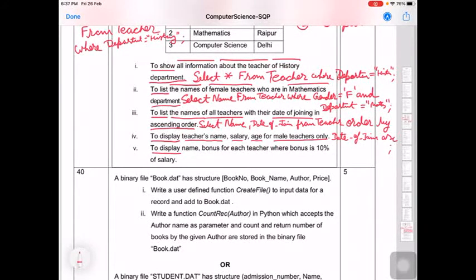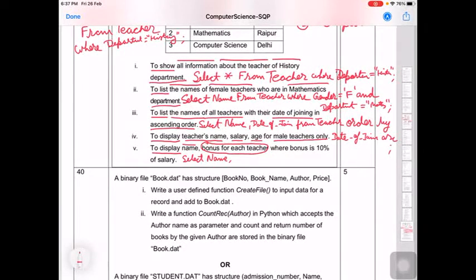So next you have display means select. Then you have name, that means name. Now you can see here bonus for each teacher, but if you have gone through the table, this bonus column is not in the table. That means it is a derived column.